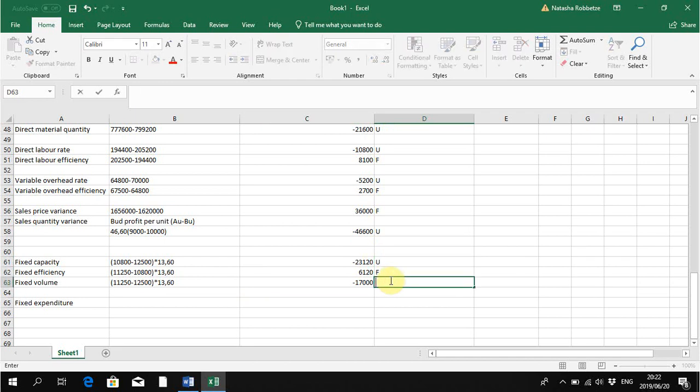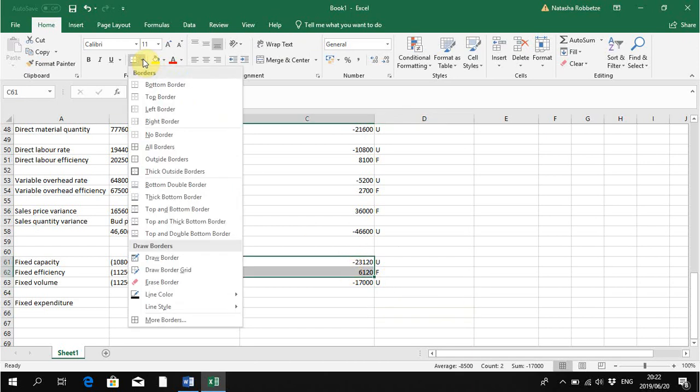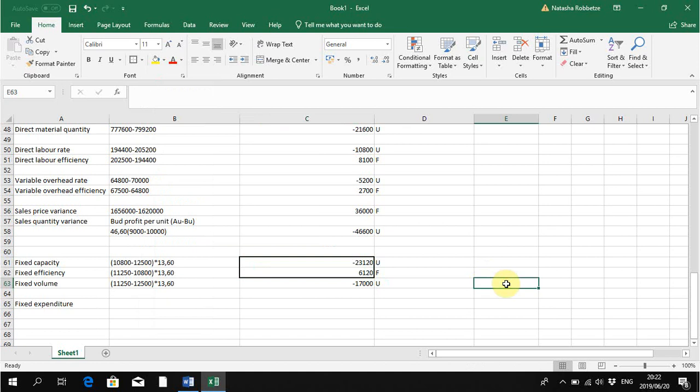But please remember that the sum of these two gives the total volume variance. I just put them in a block because when you add up to your actual profit, you must not count these two. You will simply take the volume variance into account, because otherwise it will be double counting if you include these two as well as the volume variance, because those two add up to the volume variance.